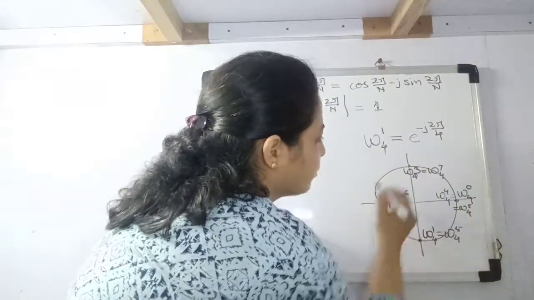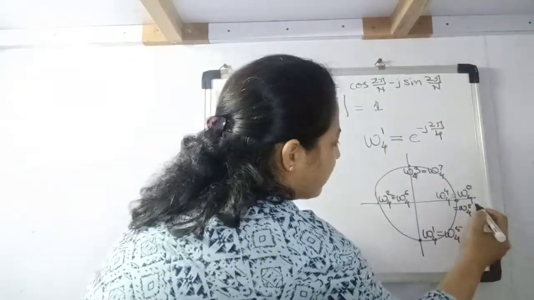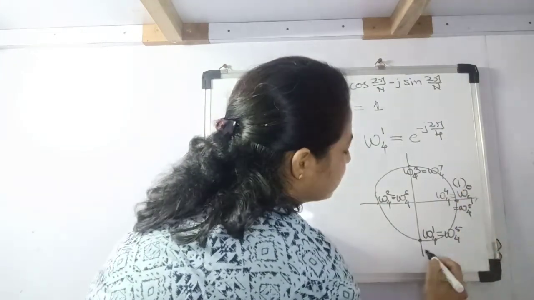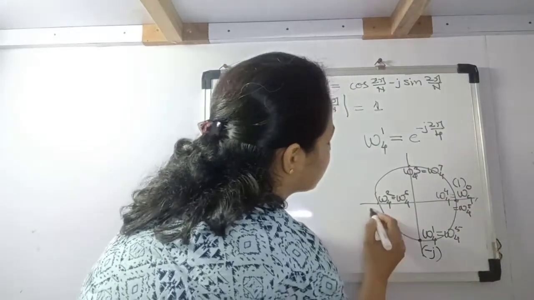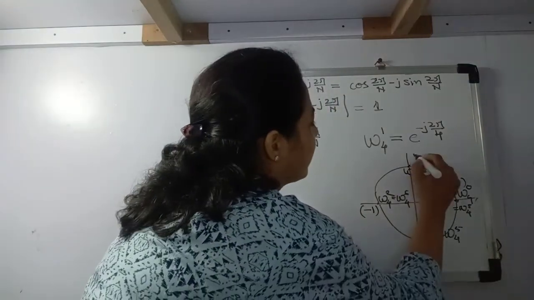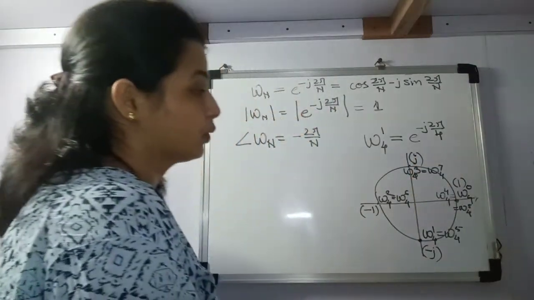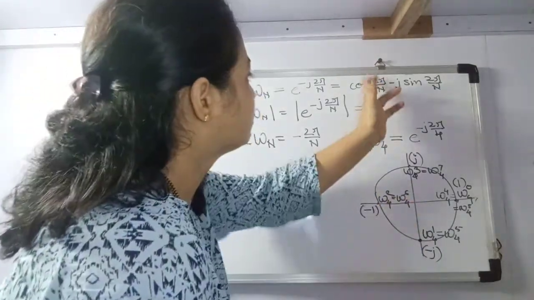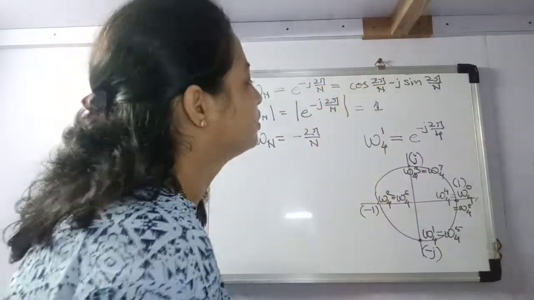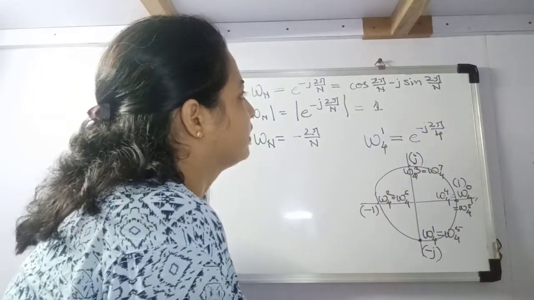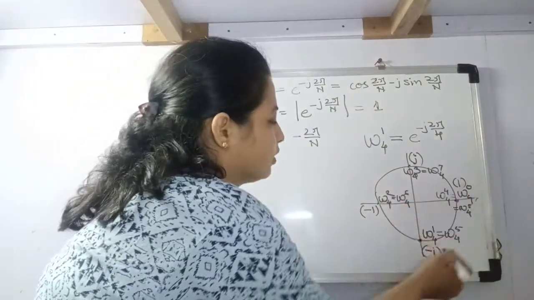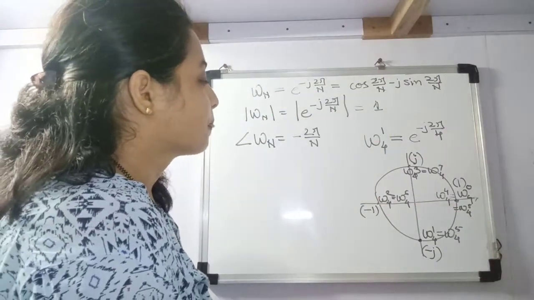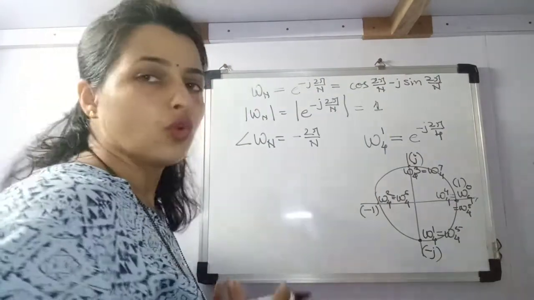It is a unity amplitude circle, and its value at this point is 1, at this point minus j, this point minus 1, and this point is j. So these are pre-calculated values. You can check those values by putting this angle into this formula and taking the cos and sine of that angle and calculating these values.